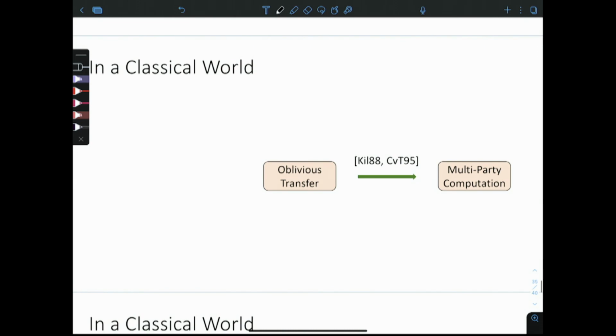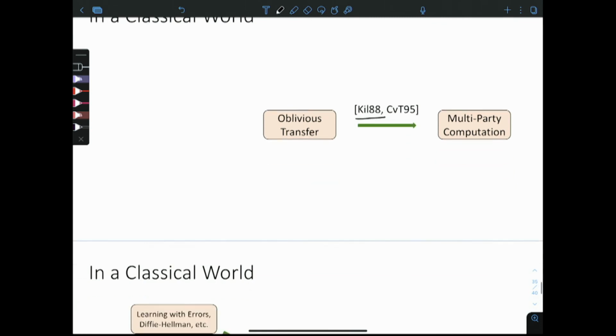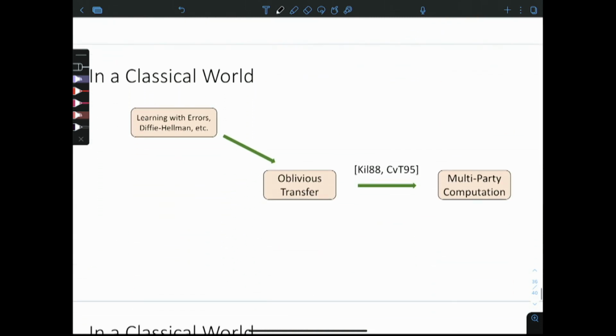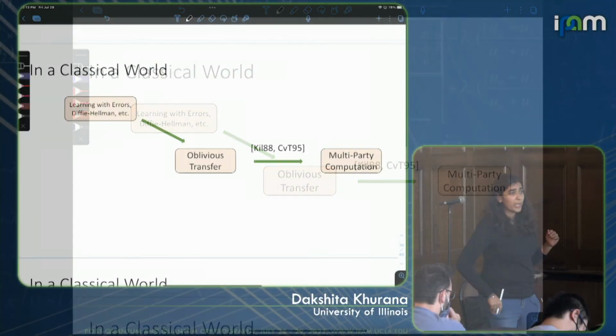it happens to be the case that in a classical world, oblivious transfer implies, this is something that I already told you about due to a result of Killian, multiparty computation. And the way to build OT is to use different types of public key encryption schemes with enhanced properties. The example I gave you going back a few minutes ago used random oracles, but you actually don't need them.